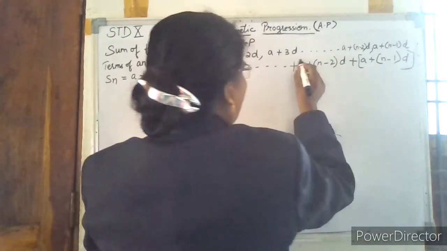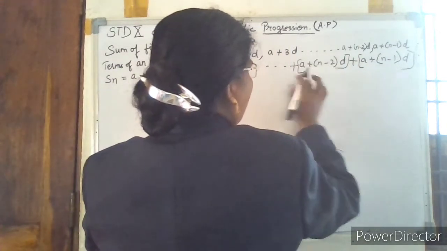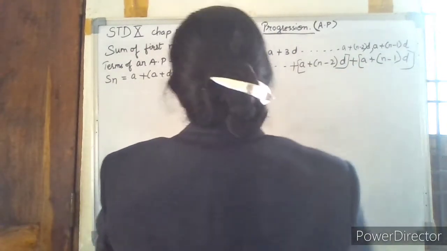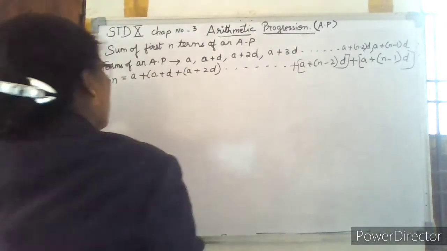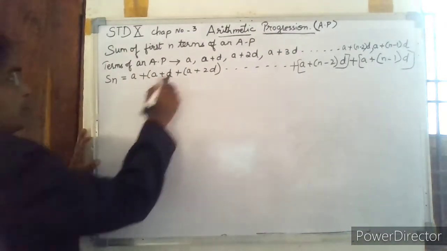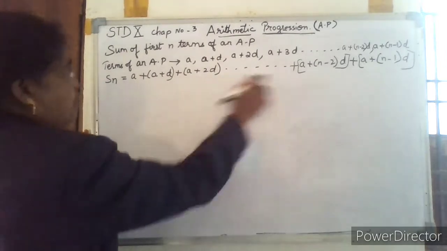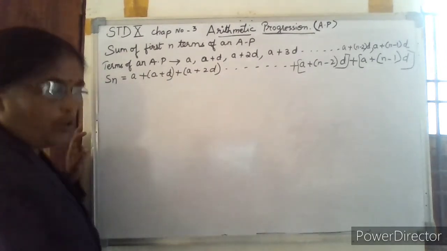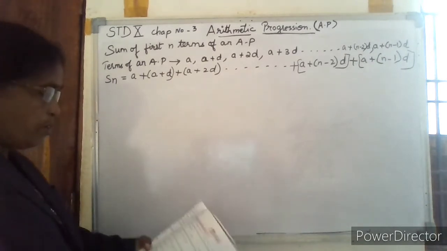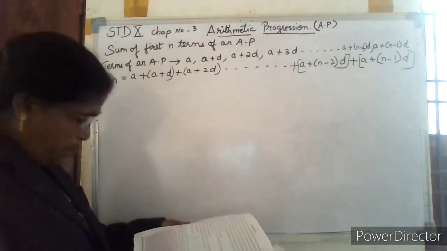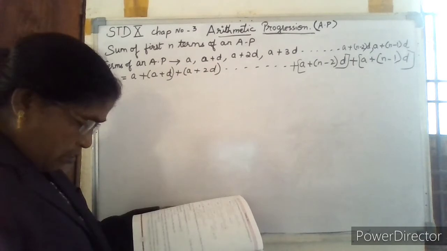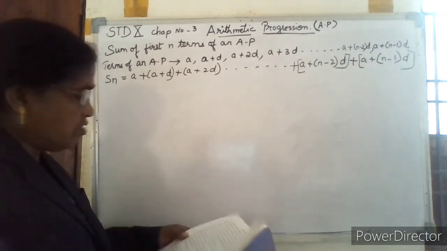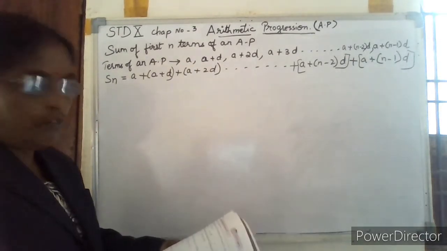This is one term, this is the next last term. Before going to this topic, children, read page numbers 67 and 68. Then you will understand why I have done it in this manner.